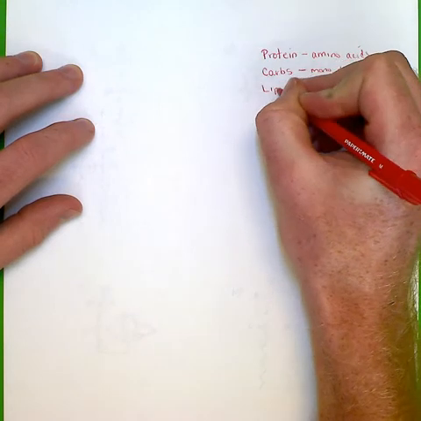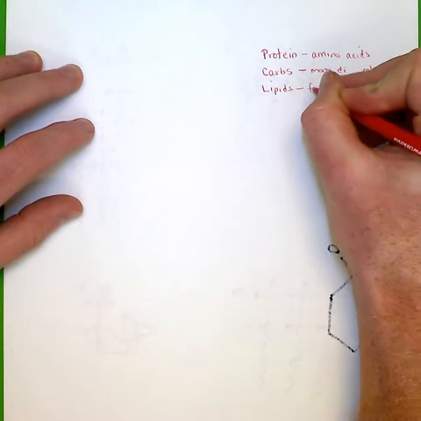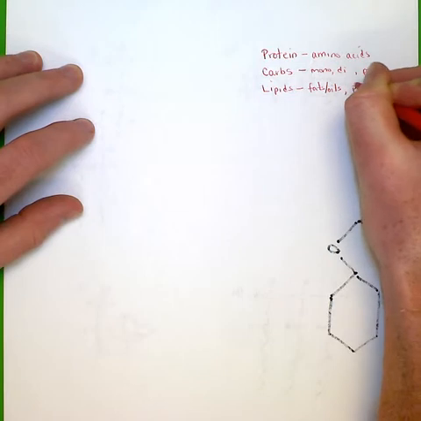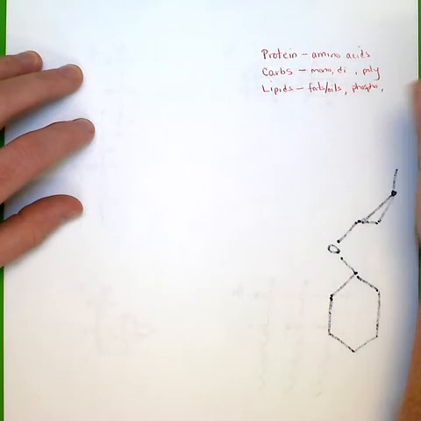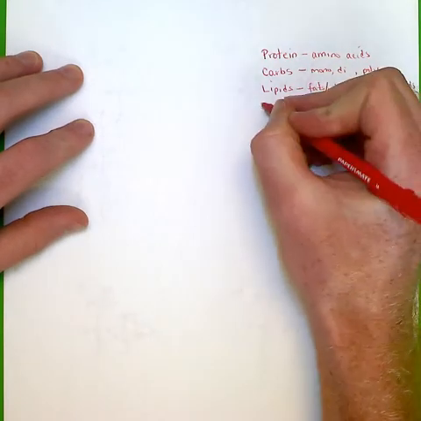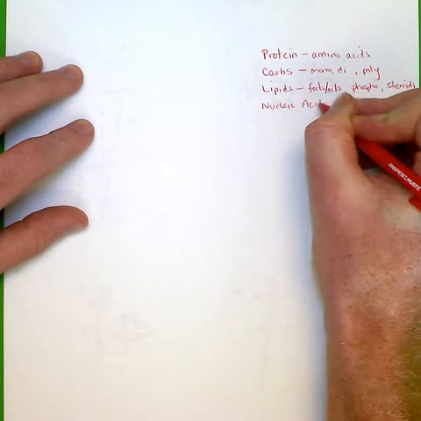Lipids, which can be fats and oils, phospholipids, or steroids. And the last one is nucleic acids, which we don't need to break down.